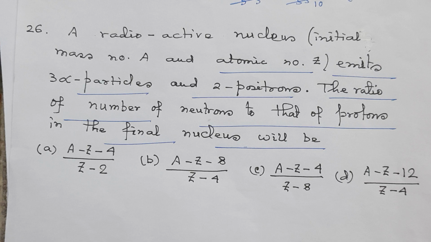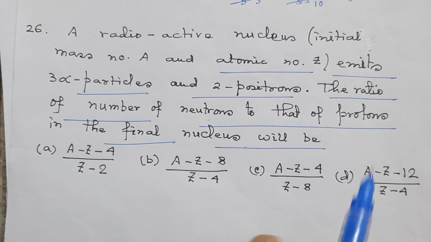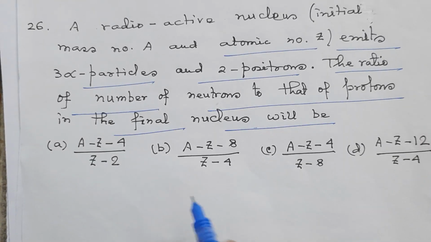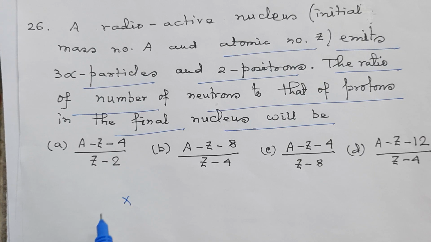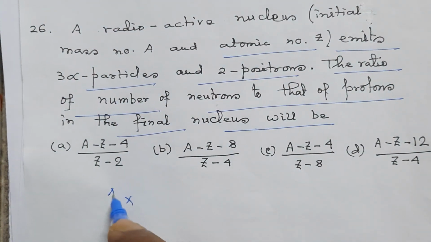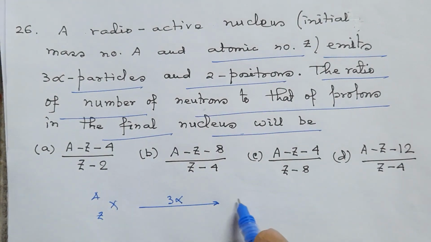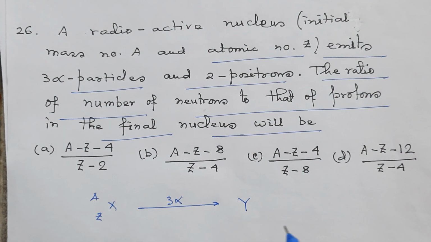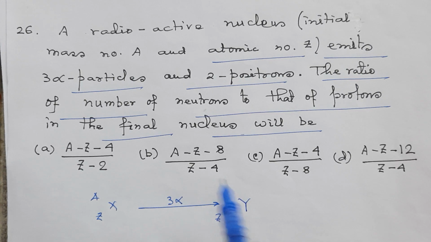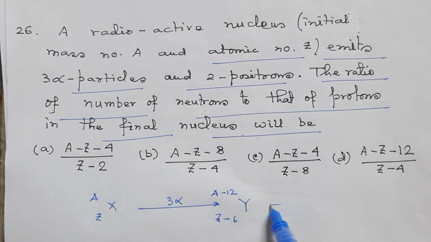Look, you are to find the ratio of protons and neutrons. Let the first nucleus X having initial mass number A and atomic number Z emit 3 alpha particles. With the emission of 3 alpha particles, the nucleus Y has atomic number Z minus 6 and mass number A minus 12.